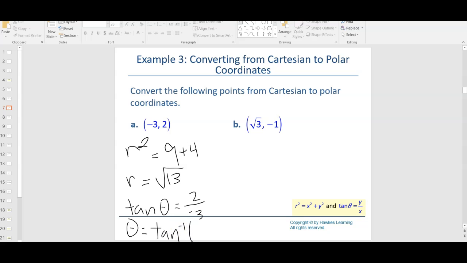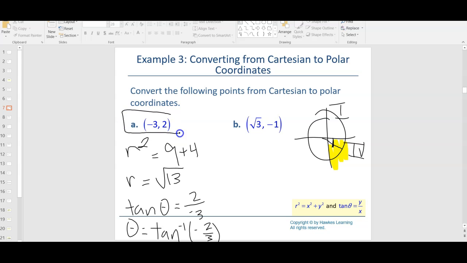This is a negative number, -2/3. Remember, the arctangent is only defined in quadrants 1 and 4. If it's down here in quadrant 4, it's so important that you understand this. If it's down here, then the angle is a negative angle. It's going to be this angle, a negative angle.